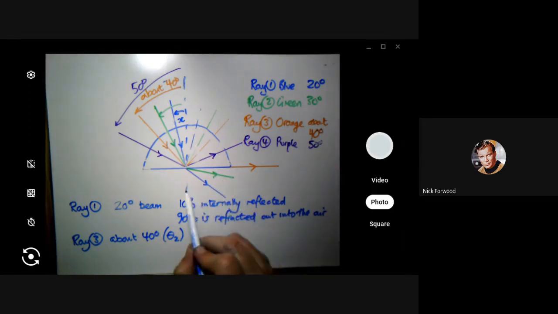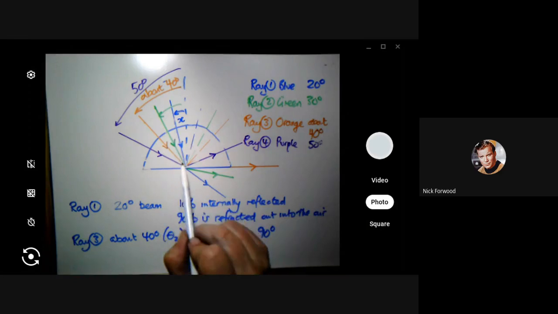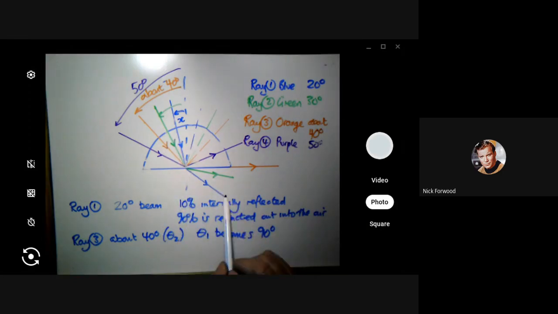And it's a right angle. So about 40 degrees, theta 1 becomes 90 degrees.